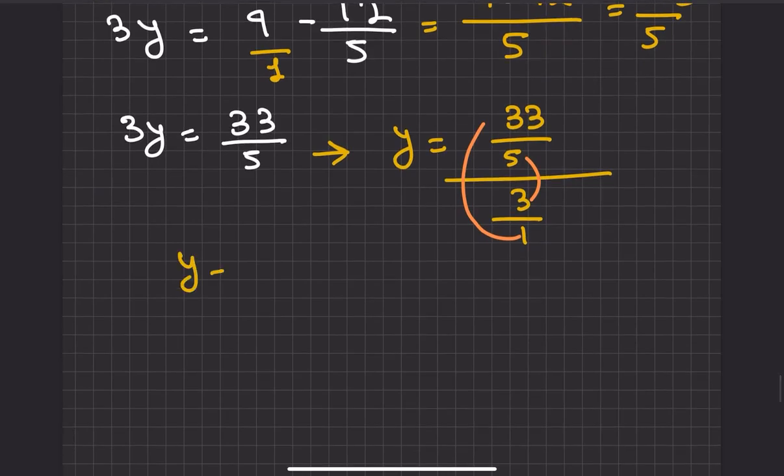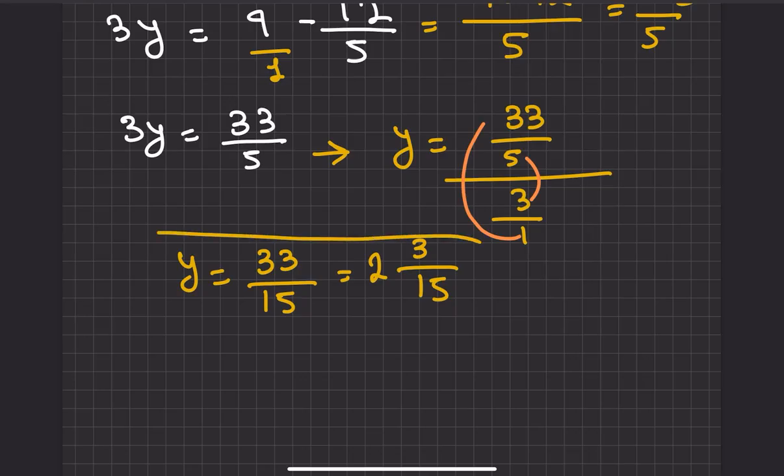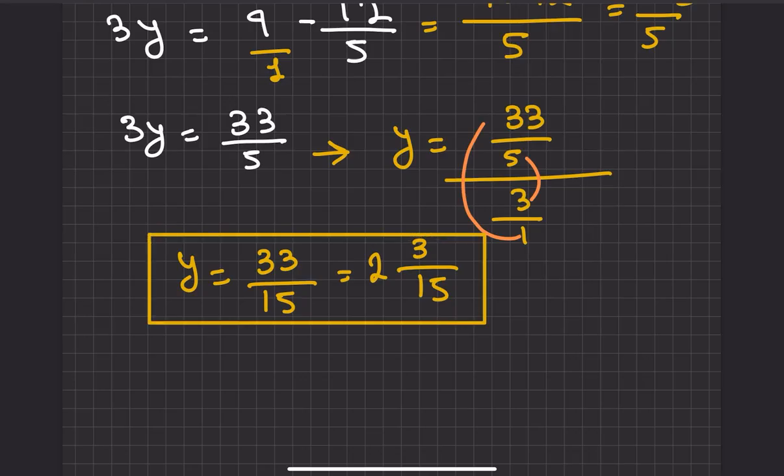It's going to be y equals 33 divided by 15. If you want to simplify it, 2 times 15 is 30, and you put the remaining here, which is 3. So this is what you have for y. This may seem like lots of work, but once you get used to it, it's easy to find.